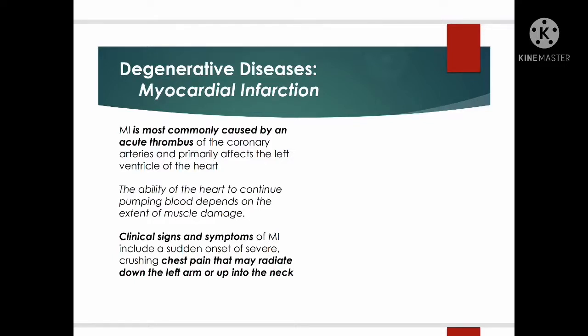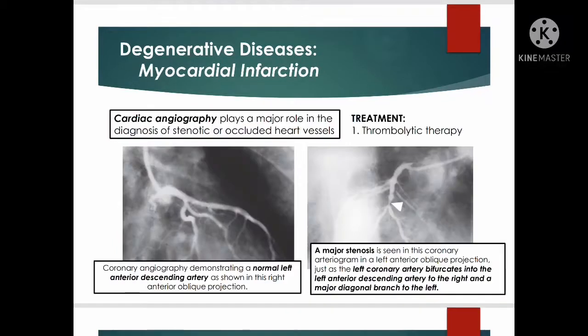Percutaneous transluminal coronary angioplasty with stent placement is routinely performed to open stenotic vessels. Treatment for MI is thrombolytic therapy. It includes streptokinase, anistreplase, alteplase, and reteplase. If the therapy is started within 3 hours, chances of survival are better.